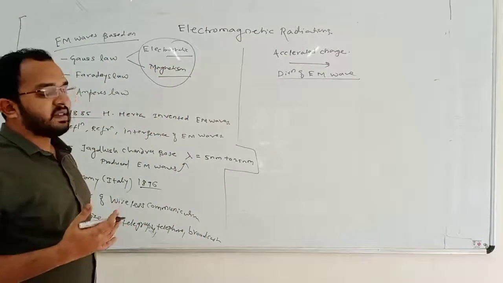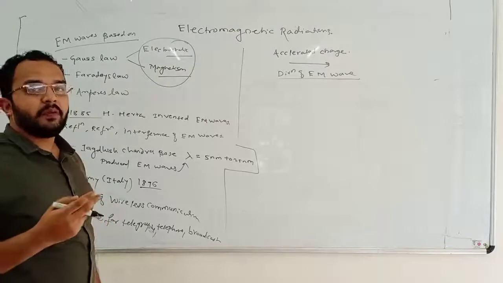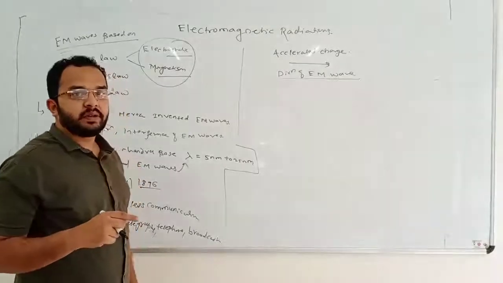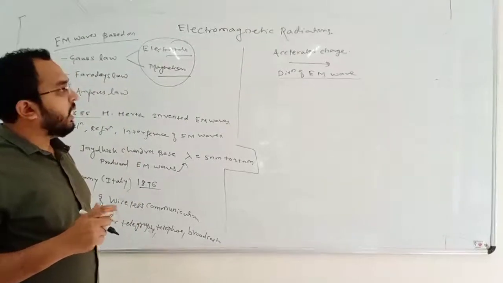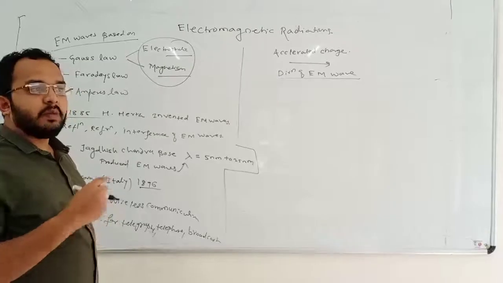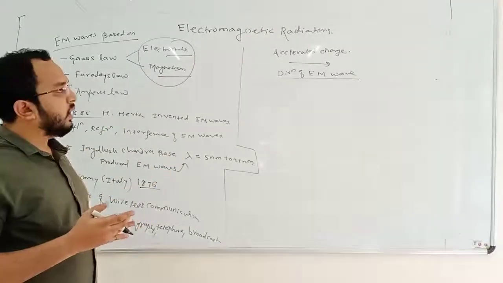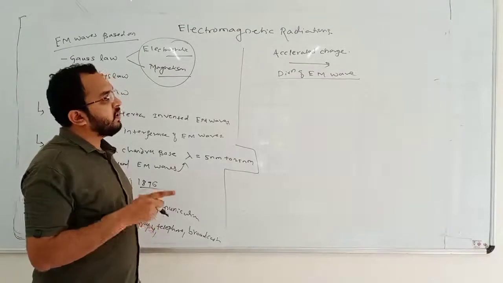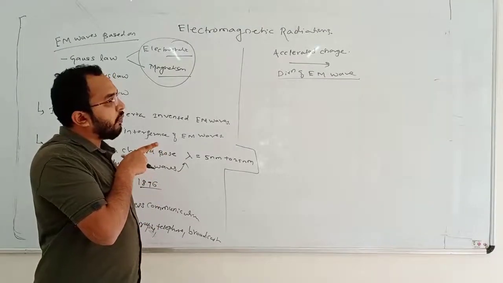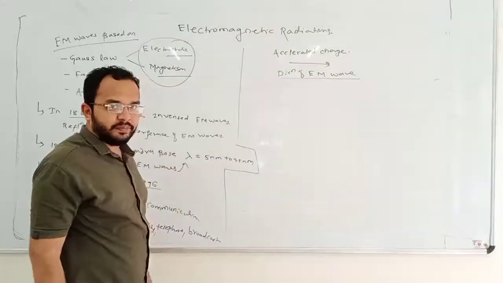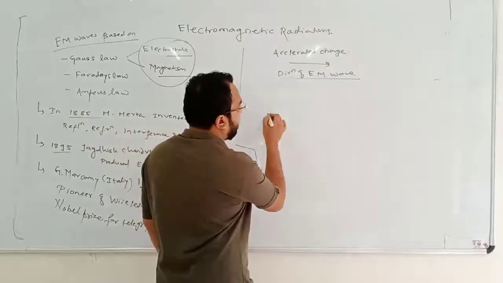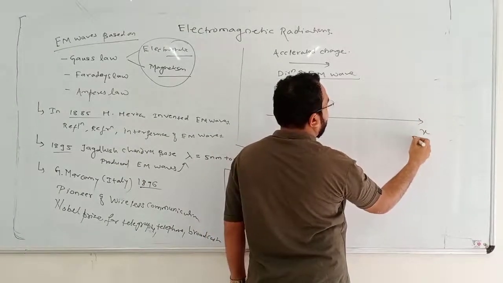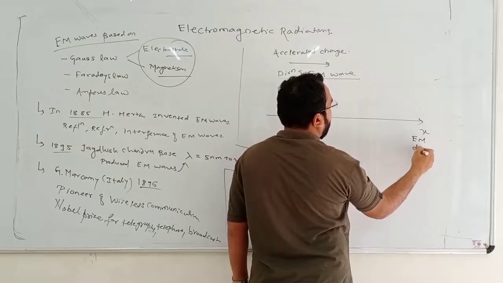Now simultaneously there are two types of waves. Both are vibrating transverse. So the electric wave is also vibrating transverse, and the magnetic wave is also vibrating transverse. But the difference is, suppose the electromagnetic wave is traveling in the x direction.